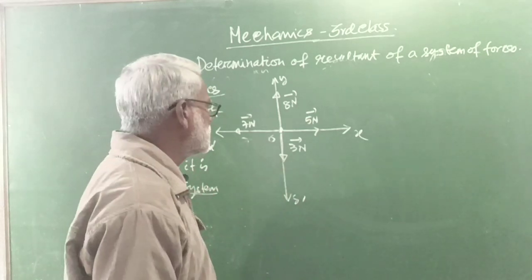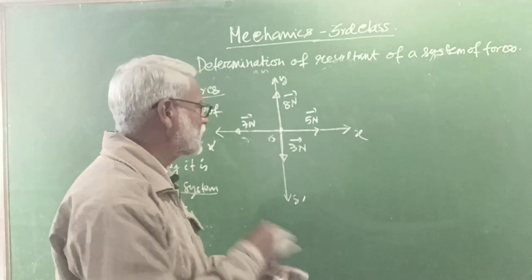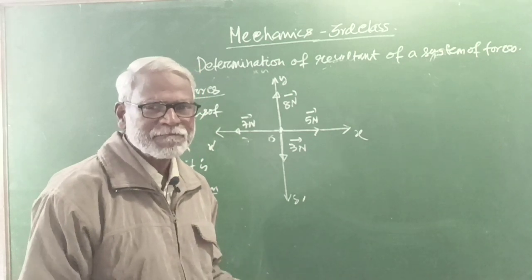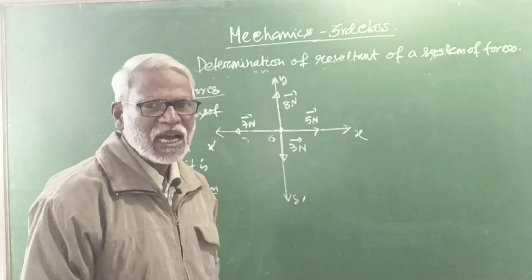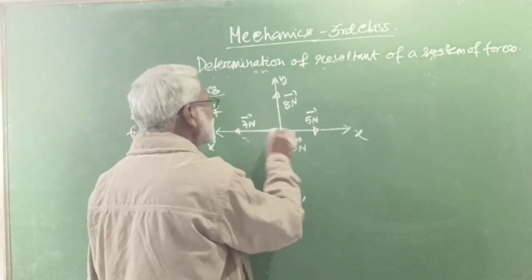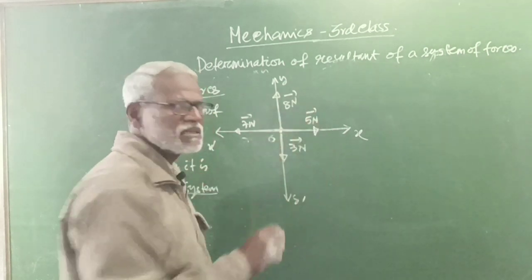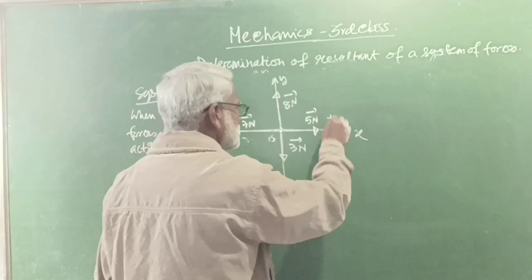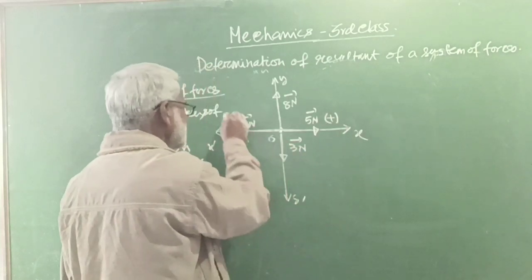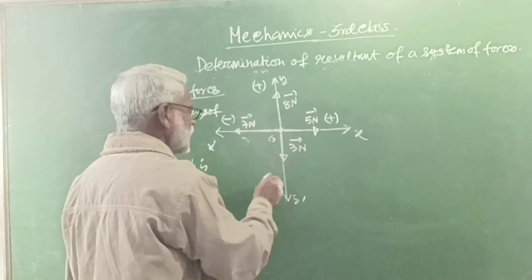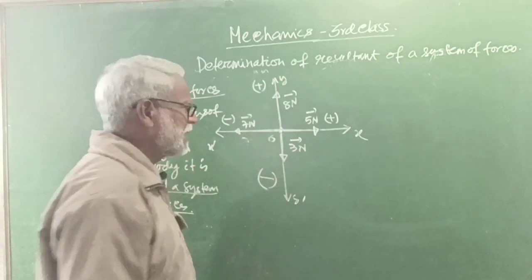So what we have learned is that when forces are collinear, we can find their resultant merely by algebraic addition. Here we have to find the resultant of these 4 forces. Let this direction of the x-axis be positive and this direction be negative. Similarly, the upward direction of the y-axis is taken as positive and the downward direction as negative.